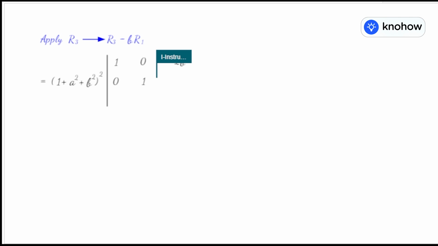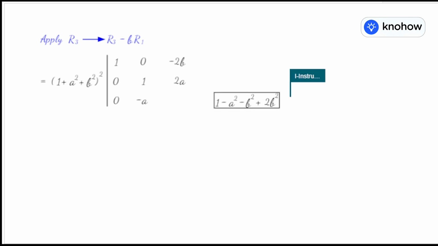Now in R3, you are subtracting b times R1, so b − b will make it 0. And this −a will remain the same because you are adding 0 times b. And to the third element, multiplying −b with −2b will make it plus 2b². So 1 − a² − b² plus 2b² can be simplified to 1 − a² + b².